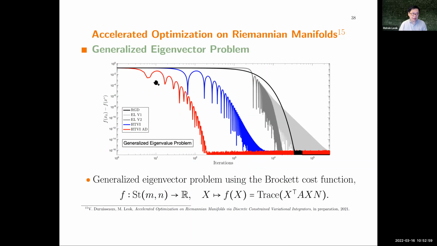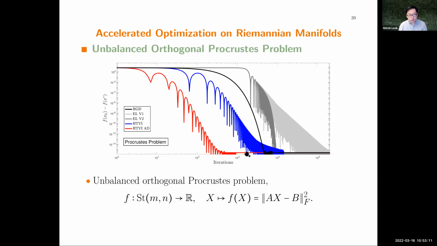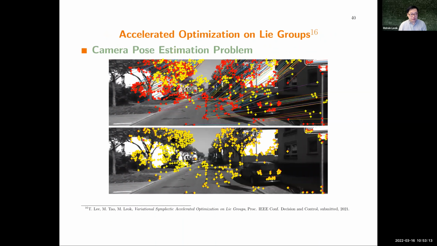And we applied this to the generalized eigenvalue problem. Again, these Hamiltonian Taylor variational integrators with adaptivity converge extremely fast. All right, and then this is an application to camera pose estimation. We're just trying to find the optimal pose of a camera.